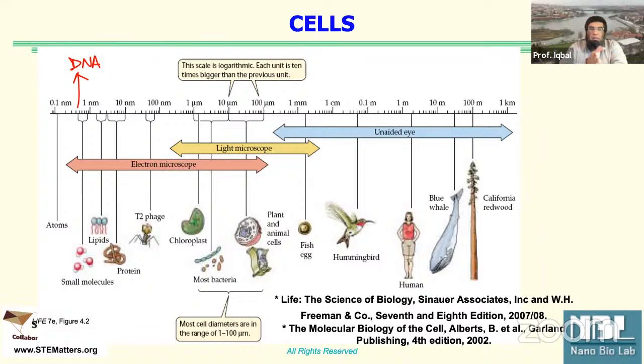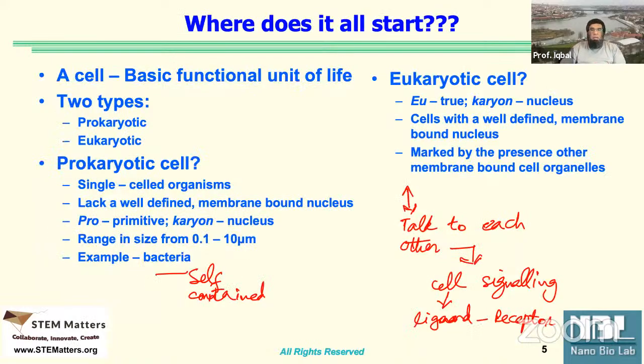Many of the things we will discuss would be at the cellular level or below, because that's the basic functional unit of life. It is what gives any living organism its basic fundamental properties.